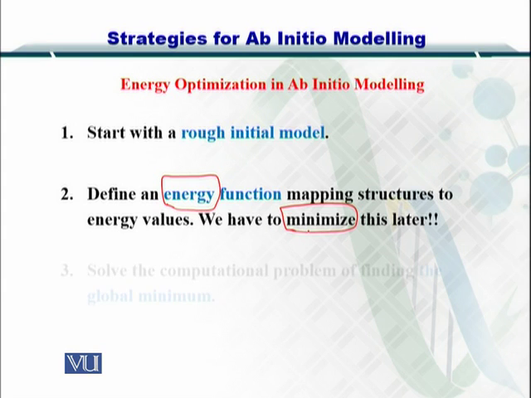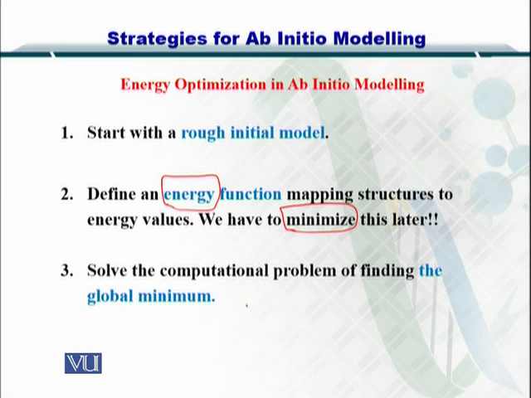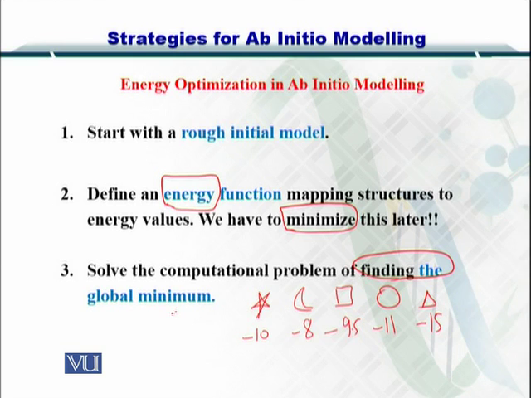the most viable one. Now you have multiple structures. Let's say these are your structures, and each one has an energy corresponding to the number of hydrogen bonds that are there in each structure. Then you have to find the global minimum.